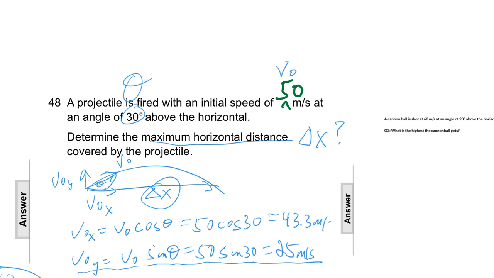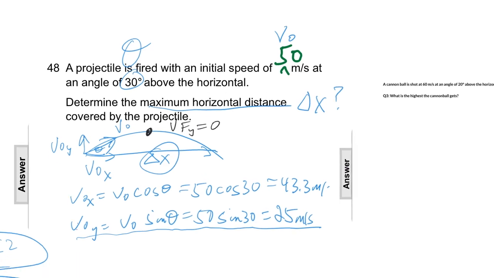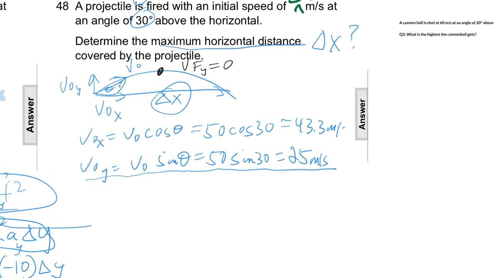You use the y components of the original velocity and realize that at the top, VFY is 0. So what we're going to do is solve for the time it takes to go to the top. And then I'm going to double that time to figure out the time it takes to get to the end of the trip.